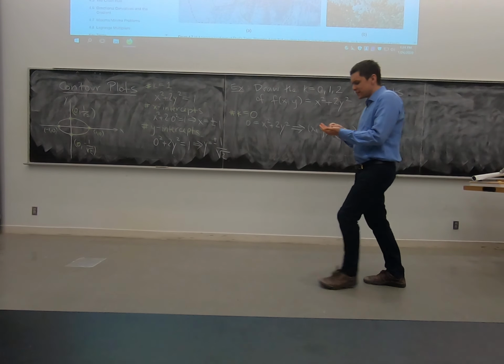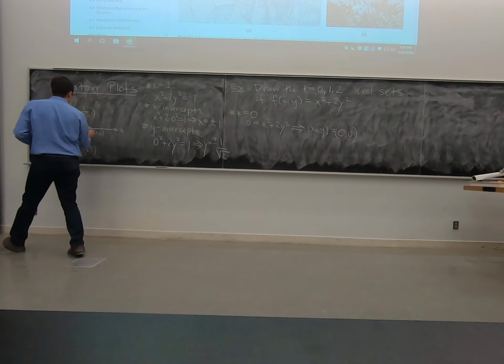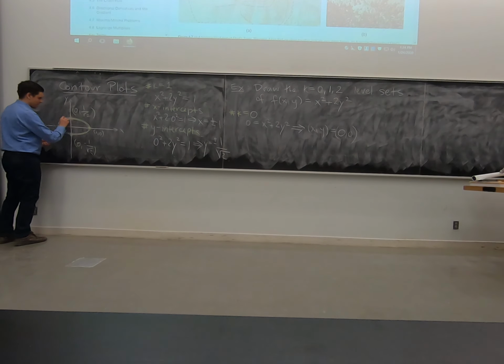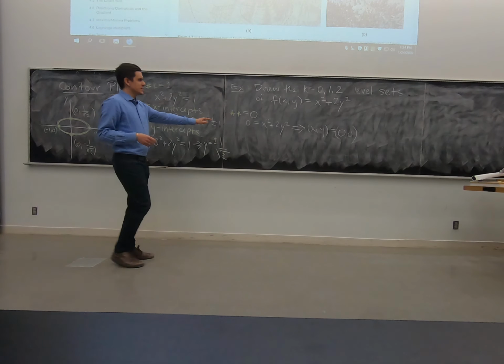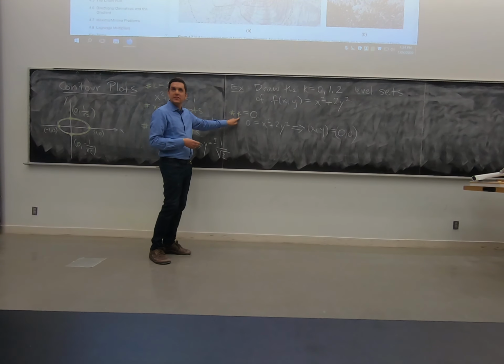So this level set has infinitely many points in it. It's kind of an elliptical shape. This level set only has 1 point in it. It's kind of special.